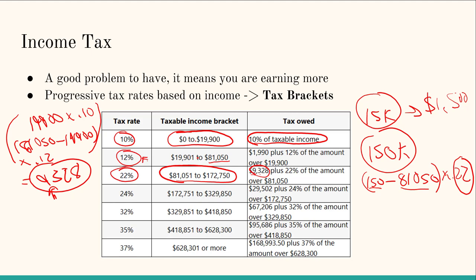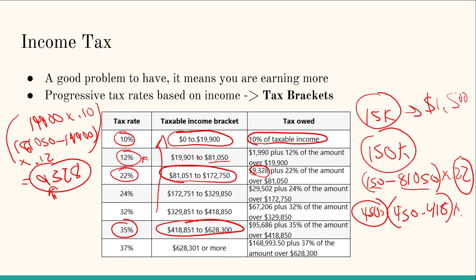So, if you're earning, let's say 450,000, you're going to be in this category here. So you're going to pay all these previous amounts plus 35% of whatever is over. So, from 450 minus 418 times 35%. So as you can see, the more you earn, each incremental amount, you're paying a higher percentage of that as tax.